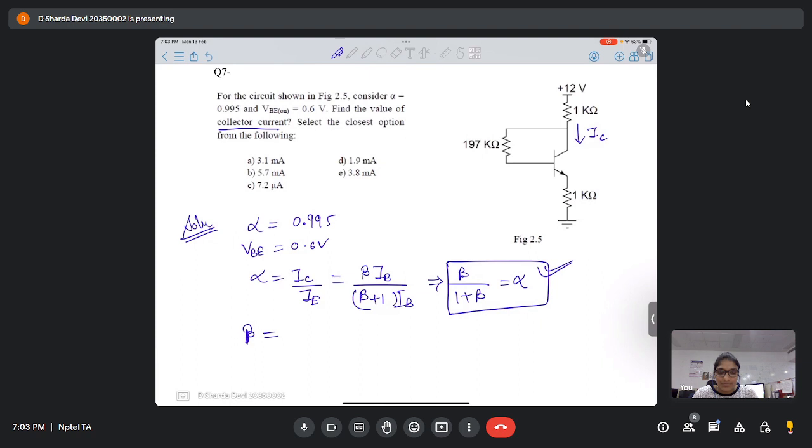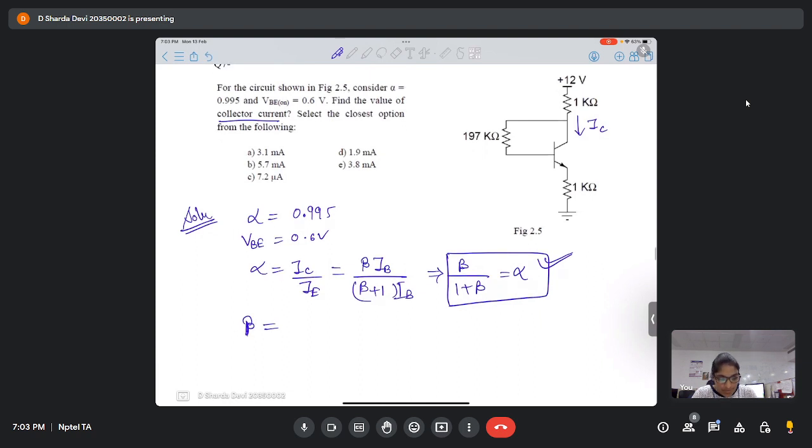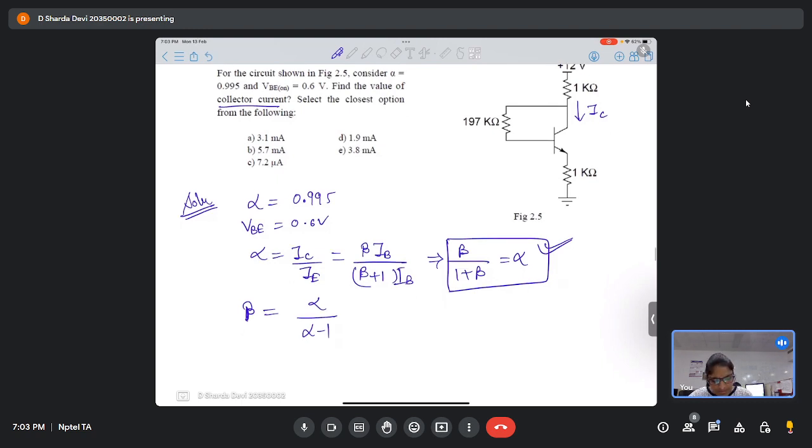Alpha upon alpha minus 1, sorry, is it alpha minus 1 or 1 minus alpha? Yes, it is alpha upon 1 minus alpha. So this is the relation between alpha and beta.